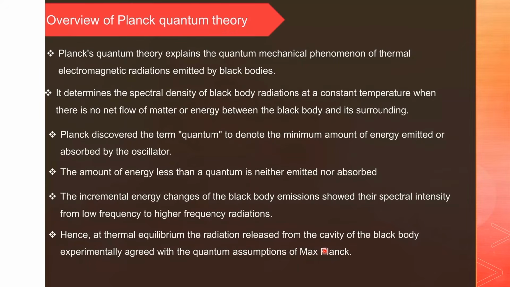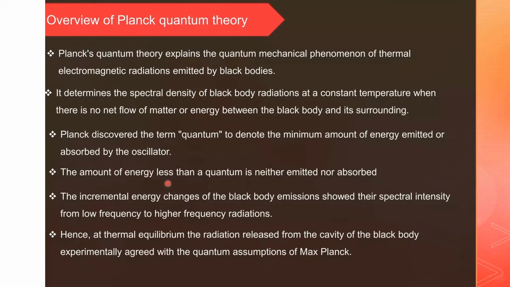So, what is the overview of Planck's quantum theory? Planck's quantum theory explains the quantum mechanical phenomena of thermal electromagnetic radiations emitted by black bodies. It determines the spectral density of black body radiations at a constant temperature when there is no net flow of matter or energy between the black body and its surrounding. Planck introduced the term quantum to denote the minimum amount of energy emitted or absorbed by the oscillator.